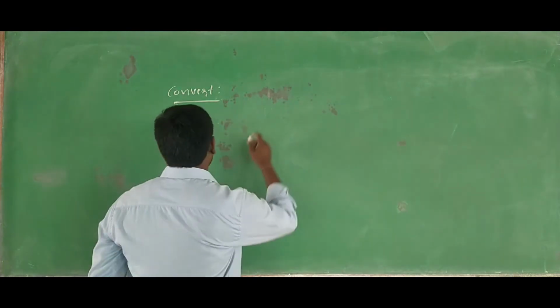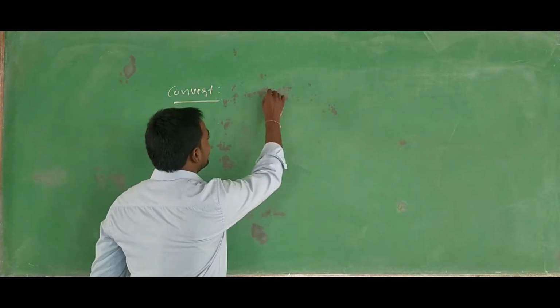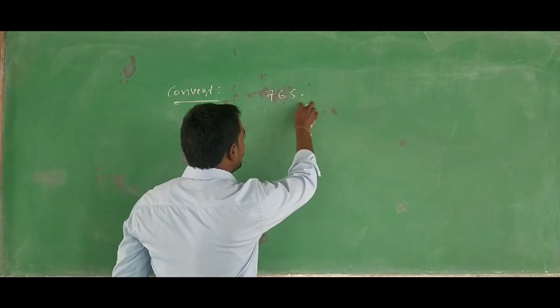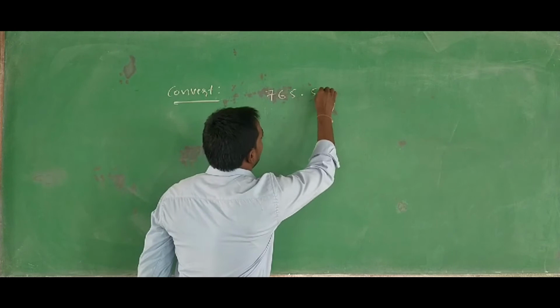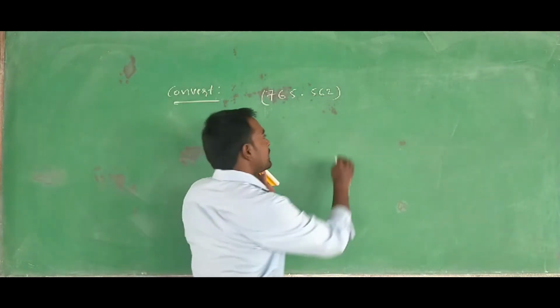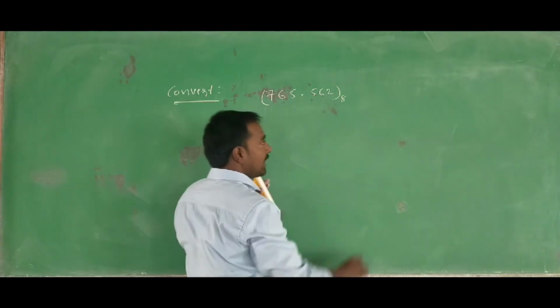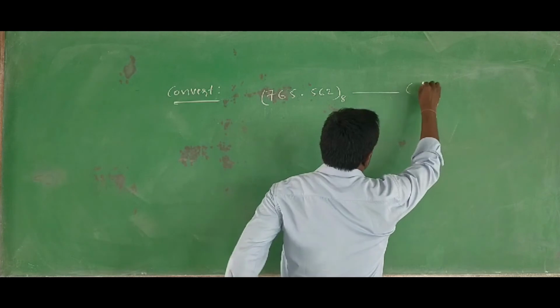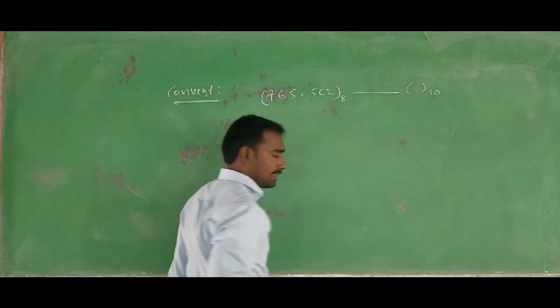Take an example for the octal number system, that is 765.562. This is the octal number system having the base of 8, and we have to convert this into the decimal number having the base of 10.